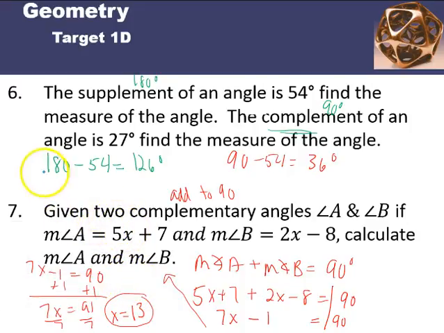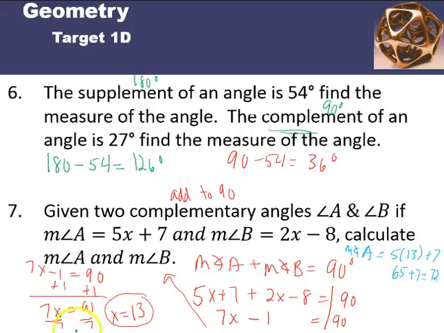Okay, so for the measure of angle A, it's 5 times x, but remember x was 13, plus 7. So 5 times 13 is 65, and 65 plus 7 is 72.